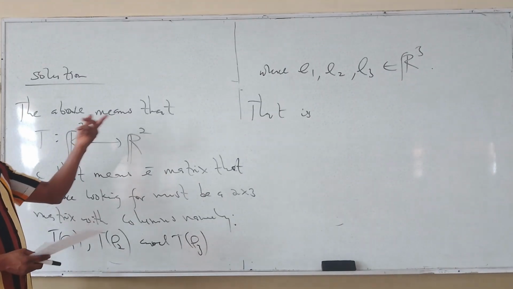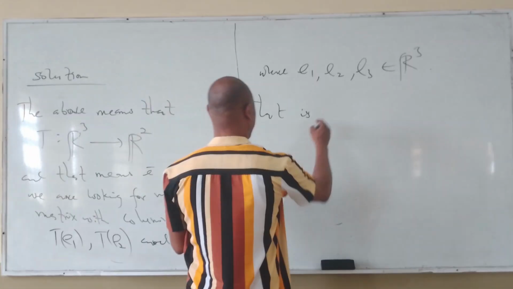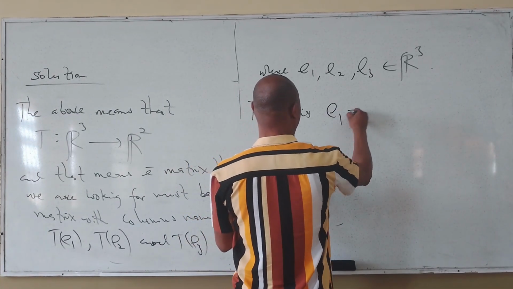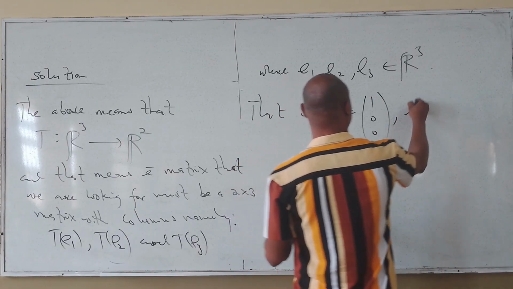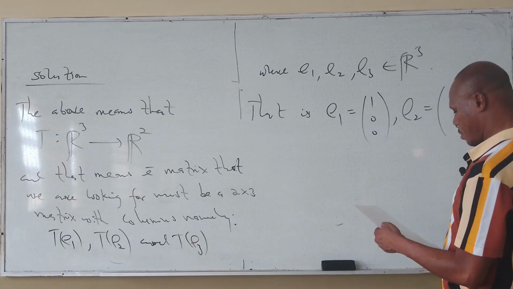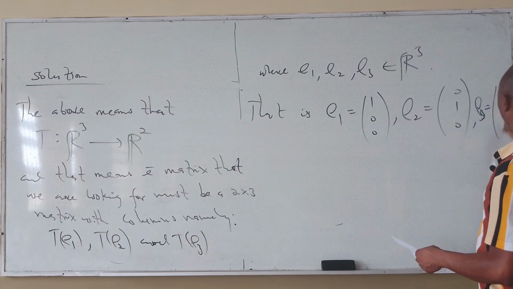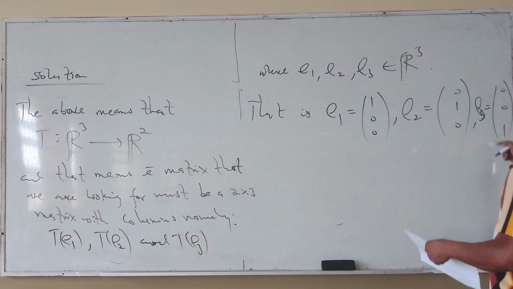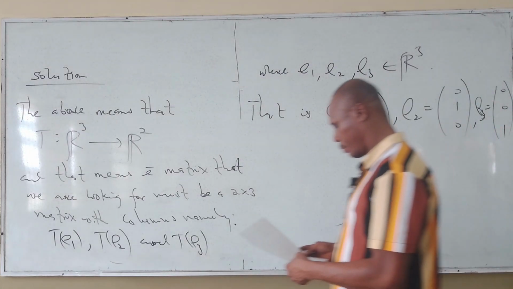So how do you write U1, U2, U3? U1 will be equal to 1, 0, 0. U2 will be 0, 1, 0. And of course, U3 will be 0, 0, 1. The third position will be 1. These are the columns of that.